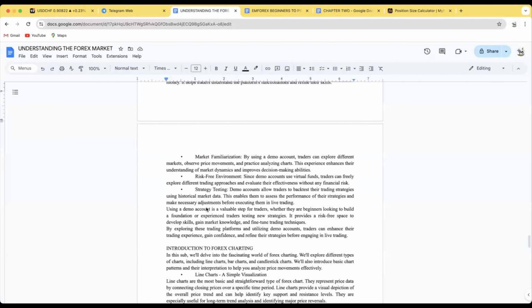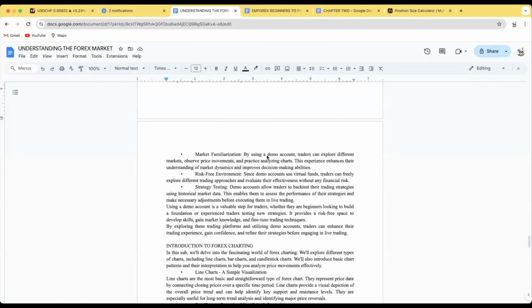Market familiarization helps traders explore different markets, observe price movement, and practice analyzing charts. This experience enhances their understanding of market dynamics and improves decision-making ability.